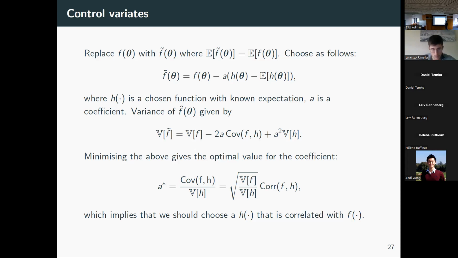Then you can try to figure out the optimal value for the coefficient, because you write the control variate like that, and you need to find the optimal value. If you do the algebra you get this expression, which implies that you choose a control variate function which has high correlation with your function of interest. This is not specific to variational inference, it holds in any control variates problem.